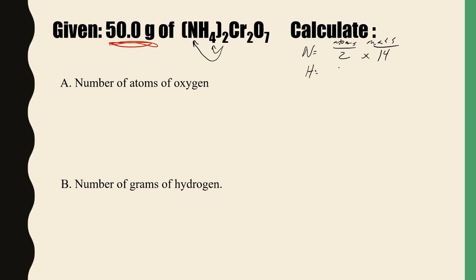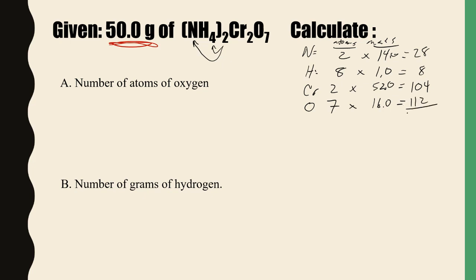There are 8 atoms of hydrogen, each with a mass of 1. There are 2 atoms of chromium, each with a mass of 52.0. It's like 51.99, so we're going to call it 52. And then there are 7 atoms of oxygen, each with a mass of 16. So this is 28, and this is 8, and this is 104, and this is 112. And when you add all that up, you get 252 grams per mole.